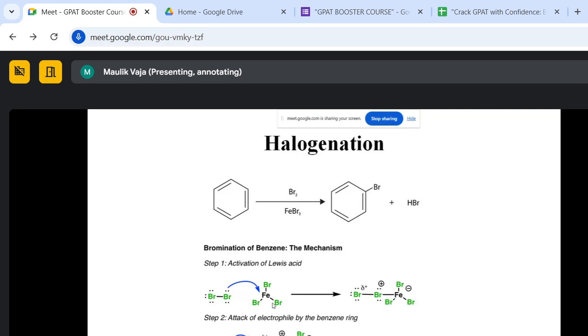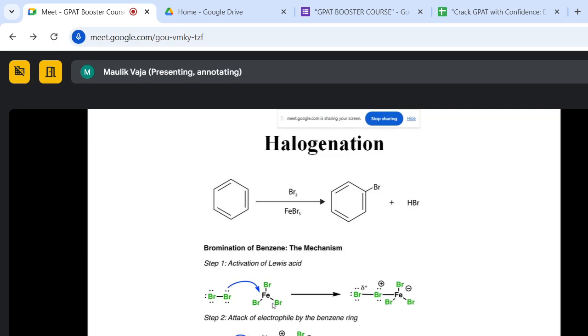Okay, remember this. From halogenation, you have to remember: iodination is not possible because iodine is too much unreactive, and fluorination is not possible because fluorine is too much reactive. Another thing is the use of Lewis acid in halogenation. So what is the use of Lewis acid?